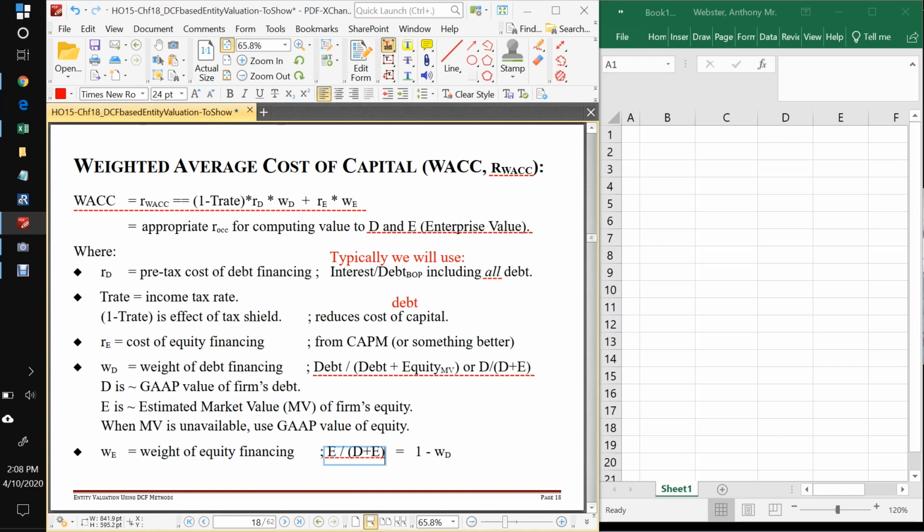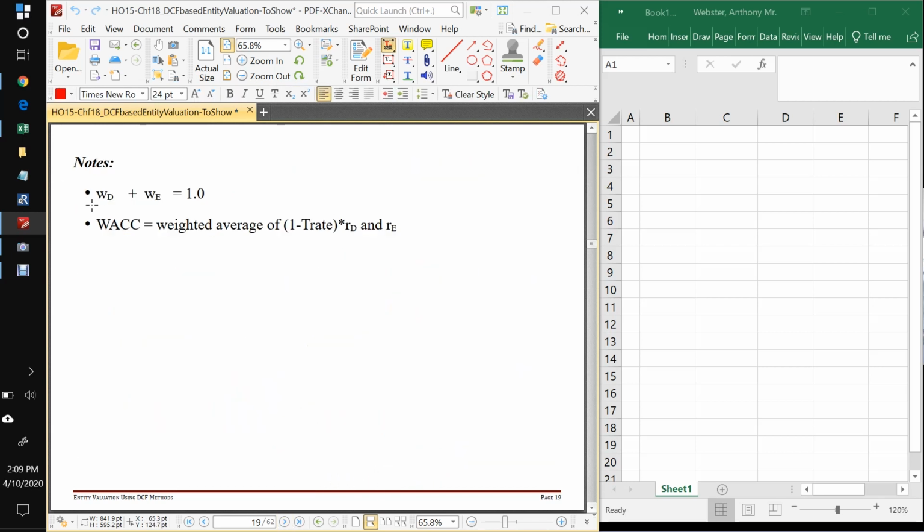So that'll be our hopefully market value or GAAP value of equity divided by quantity debt plus equity. And also notice that this is equal to 1 minus the weight of the debt. And that also leads me to point out that WD and WE always add up to 100%. So that's another good way to check your work. Make sure these two add up to 100% or 1.